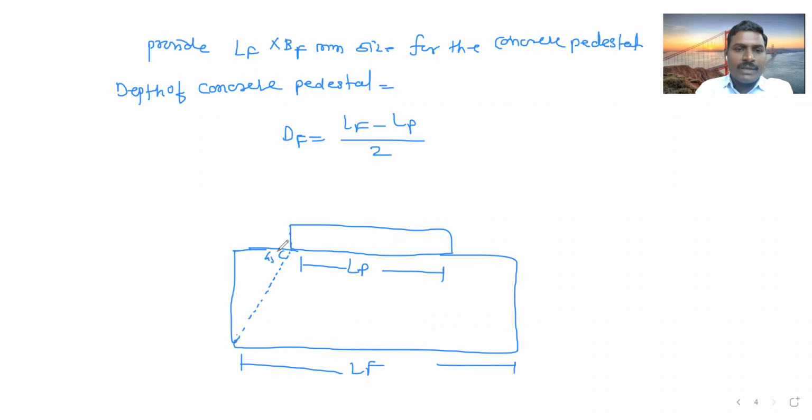This is DF, depth of foundation. Generally the pressure from the column is distributed like this at 45 degrees. That's why we take LF minus LP divided by 2. So in this way we can calculate the depth. Got it, everyone?